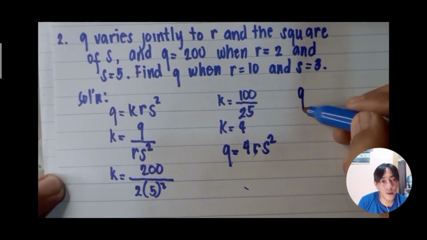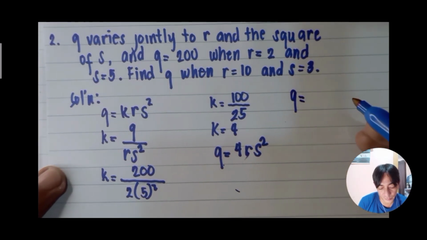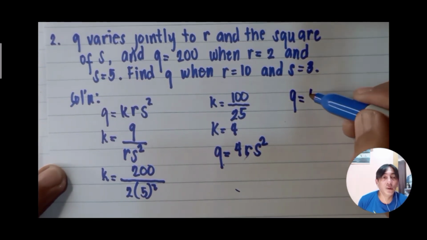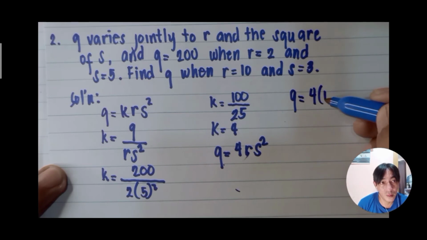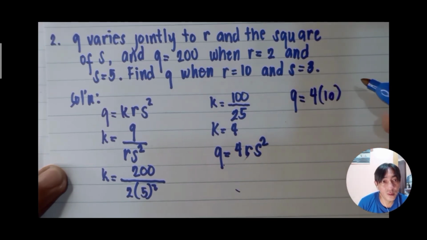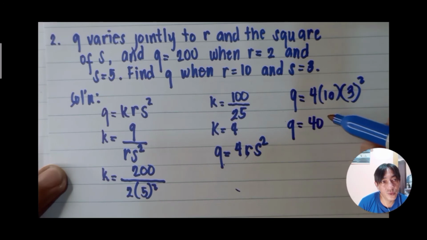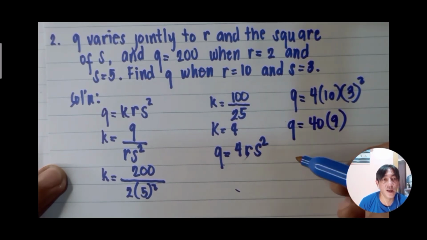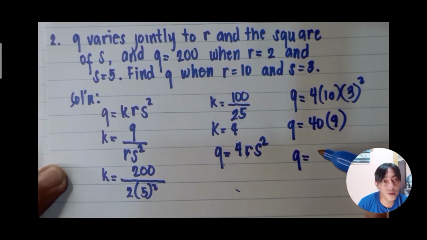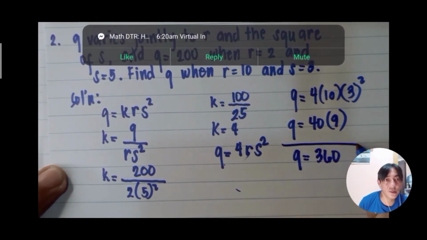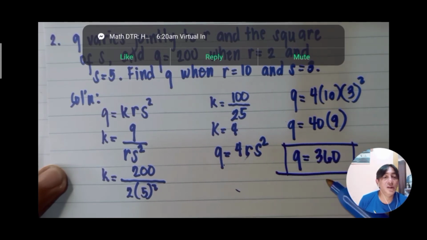So q now will be 4 times 10 times 3 squared. So q now will be 40. Yung 4 times 10 is 40 times 9. Yung 3 squared is 9. So q now will be 40 times 9 will be 360.